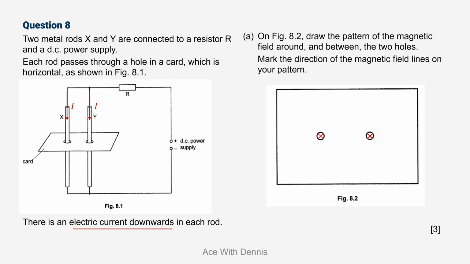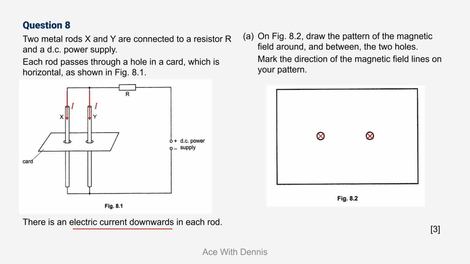Use your right hand, hold it as a thumbs up, and the thumb points onto the cross. The thumb shows the direction of the current, and the other fingers show the direction of the magnetic field lines. Hence, as you can see, the magnetic field lines are in clockwise direction.